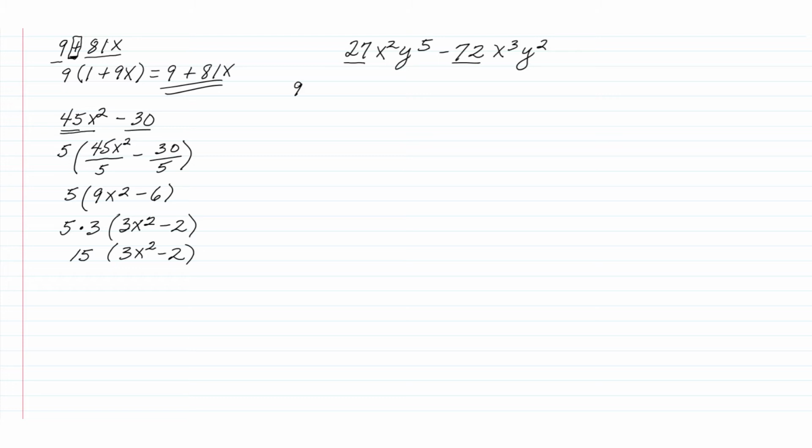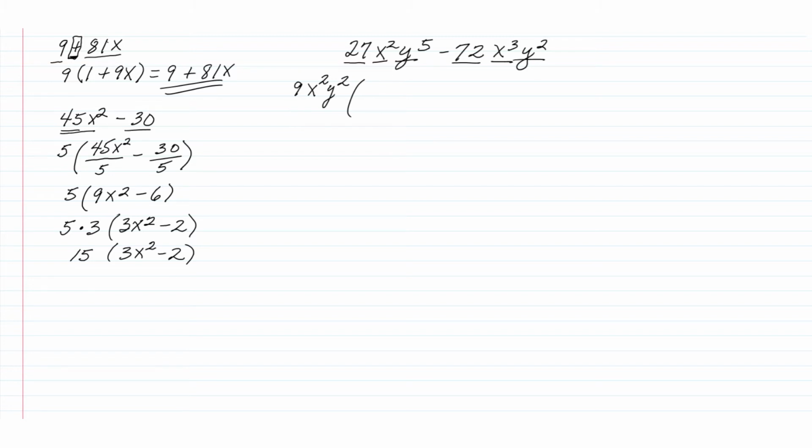Each one has some x's, a pair of x's here and 3 x's here, so the greatest number of x's that we can pull out would be 2. So let's pull out x squared. Then we have 5 y's on the left and 2 on the right, so we can pull out 2. That's the greatest number that we can get out of both.